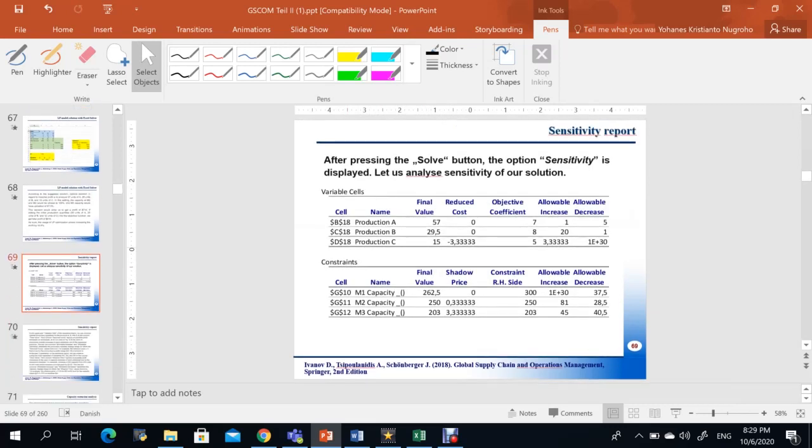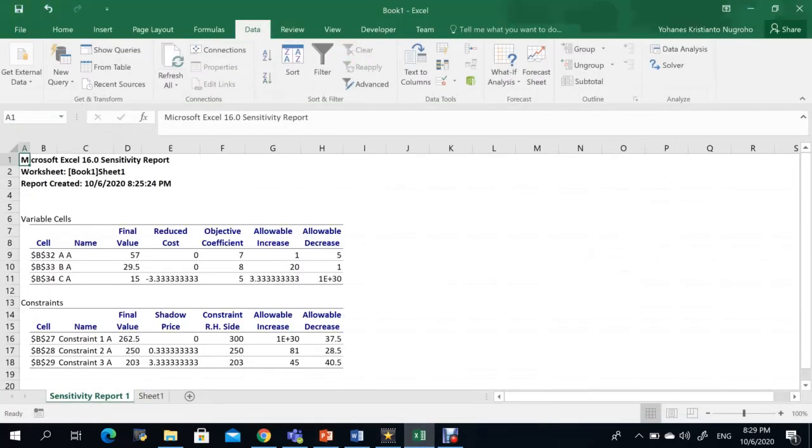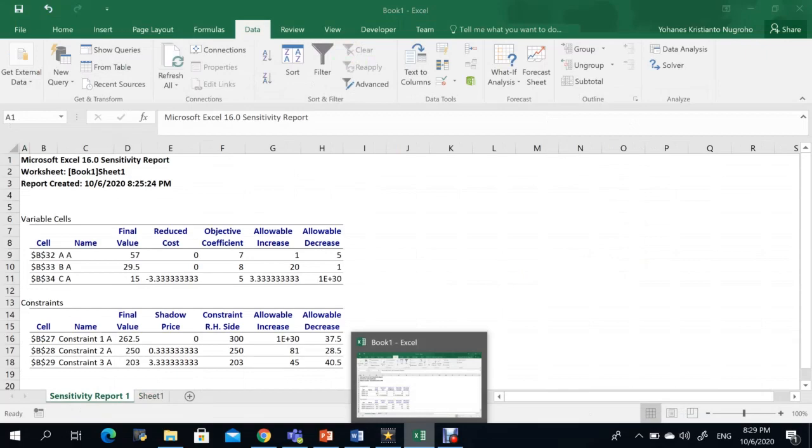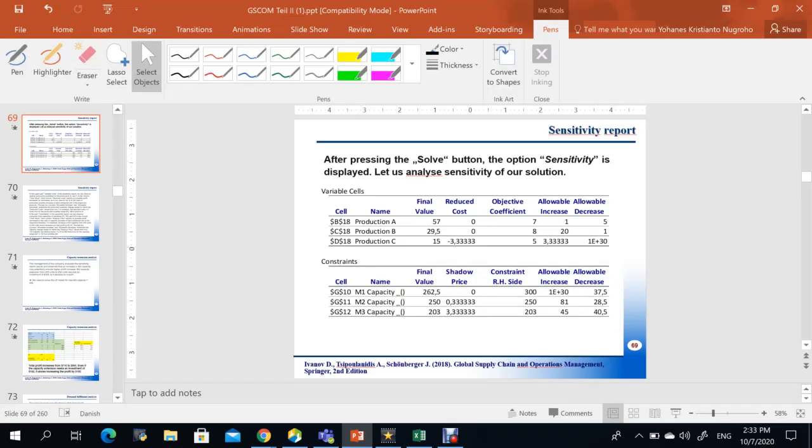Let's go for sensitivity analysis. So what is implied with this number? Here we have also sensitivity analysis, the same number here. Alright? The third column of the upper table shows the optimum production capacity for each product A, B, and C. So here.